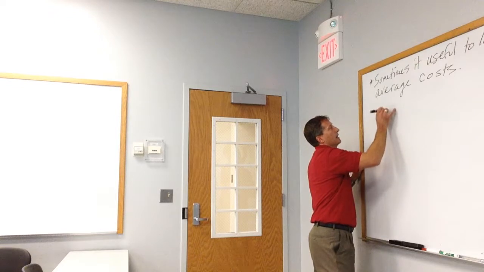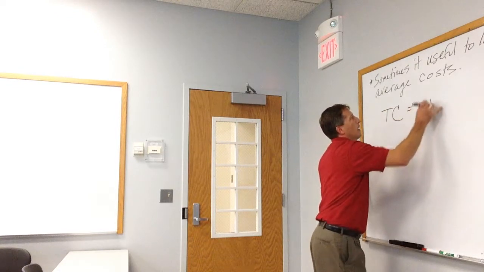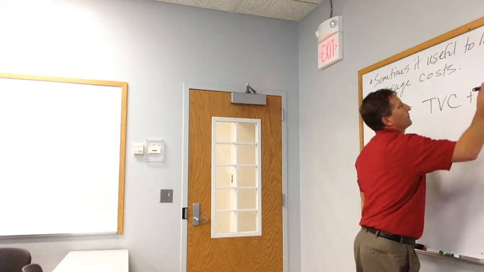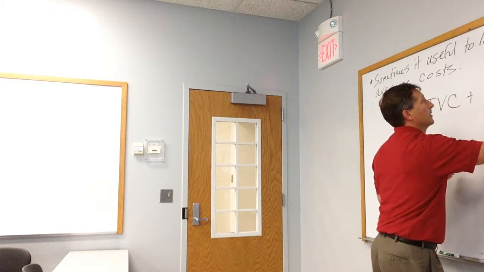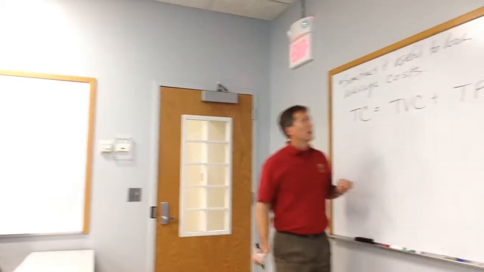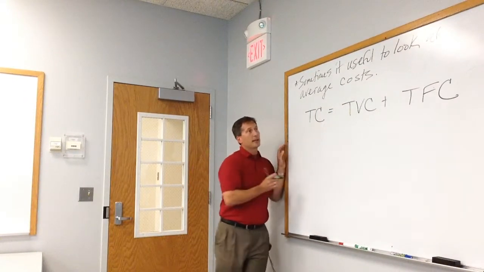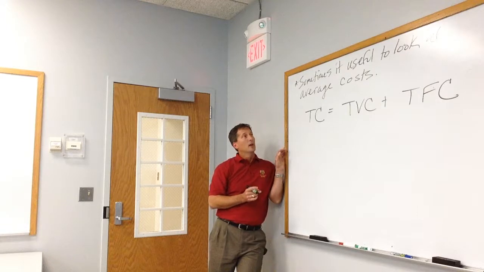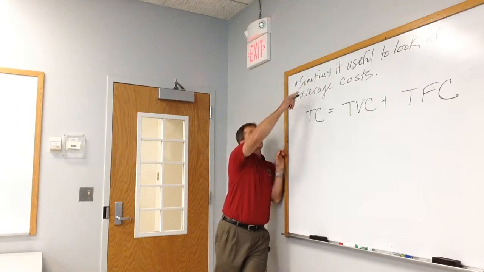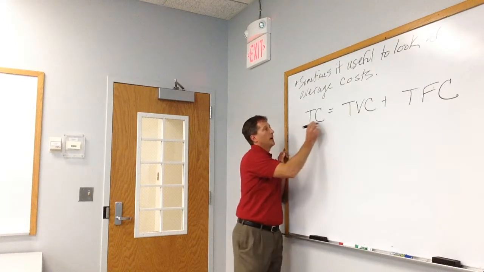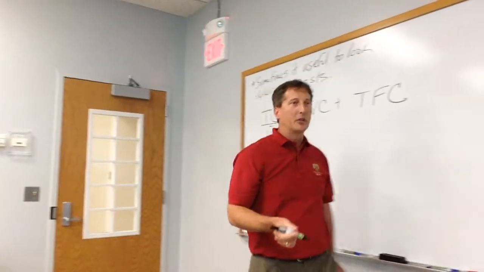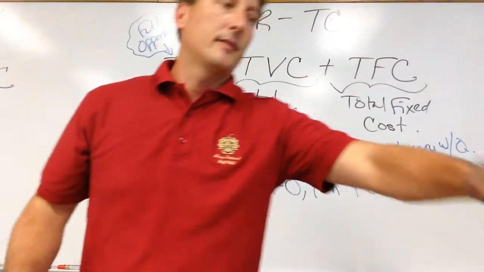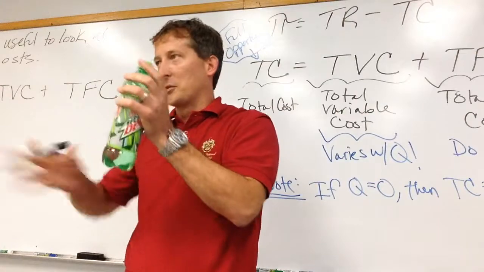Now I'm going to characterize that a little differently and rewrite, first of all, the equation we just did. So go ahead and write the total cost being separated into variable and fixed. What you just told me is to calculate the average cost, divide by the number of beeps. And if we were selling Mountain Dew, and we sold 5,000 Mountain Dews, we'd be doing the same thing, right?